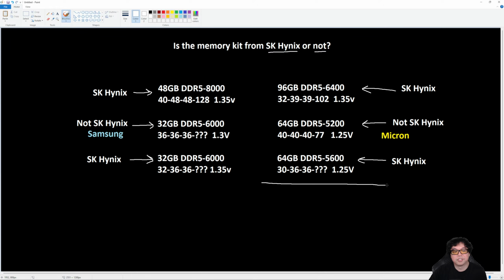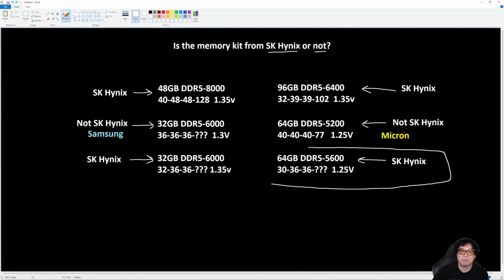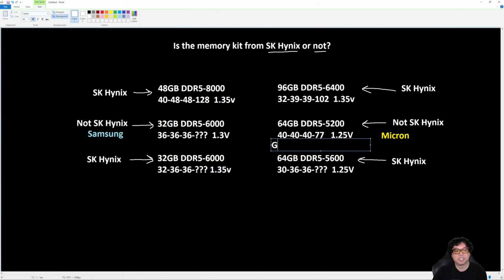In fact, when I went to Micro Center back at the launch of Zen 4 to get my 7950X, the Zen 4 flagship, back in late September of 2022, I purchased this memory kit. This is a G-Skill Ripjaws S5 with XMP profile.